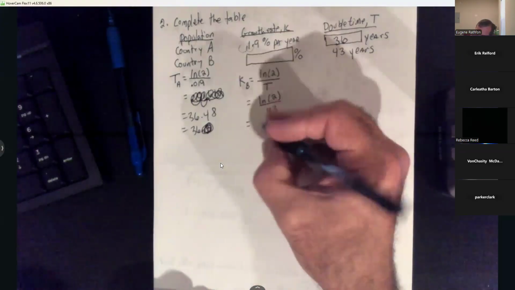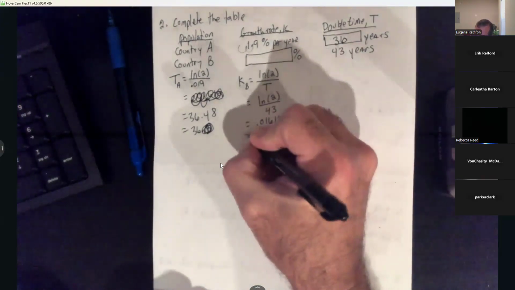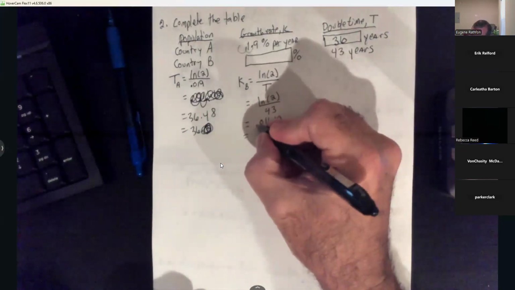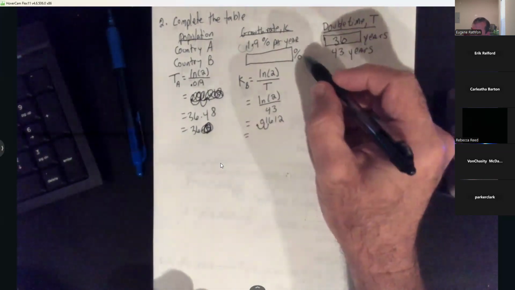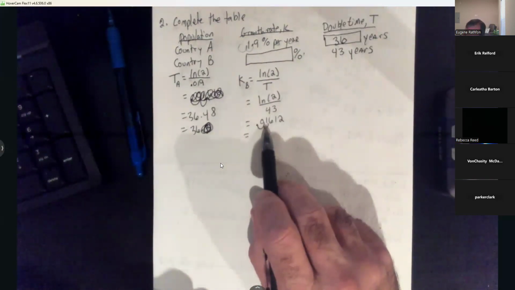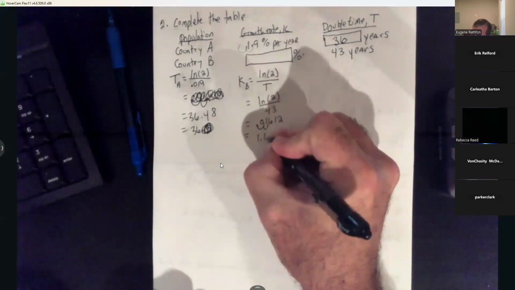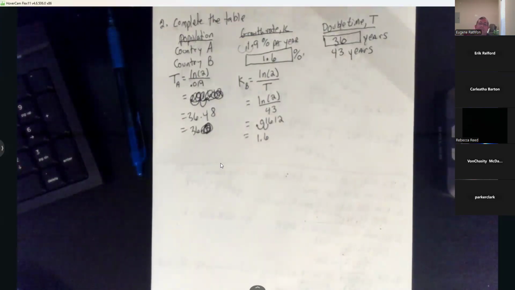So 0.01612. And remember, they wanted it rounded to one decimal place. So you got to move the decimal back right to do your percent. So it's going to be 1.6, and I'll keep that a 6 since it's got a 1 after it. So that'll be 1.6.